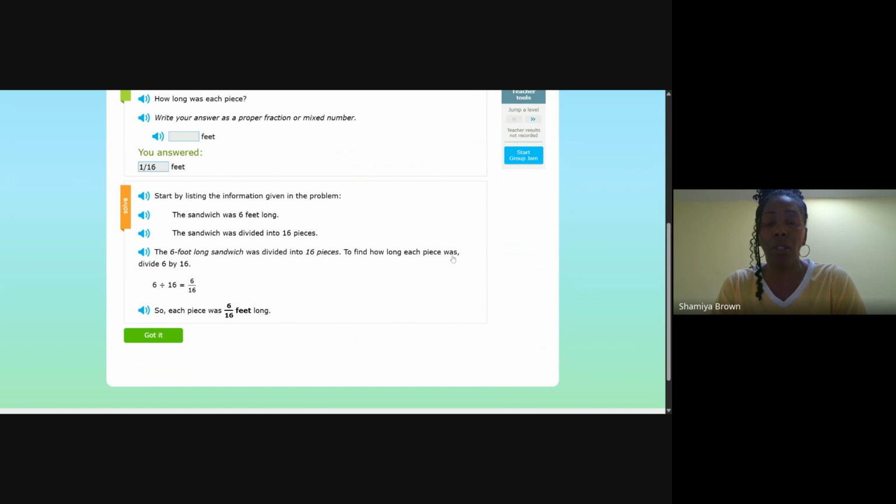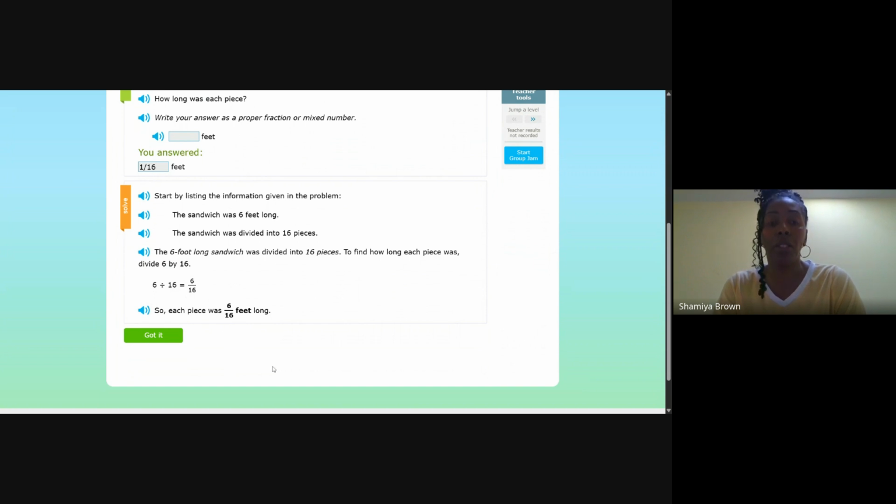To find how long each piece was, divide 6 by 16. So I'm dividing a 6-foot sandwich by 16 pieces. So 6 divided by 16 is 6/16 as a fraction. So each piece was 6/16 feet long.